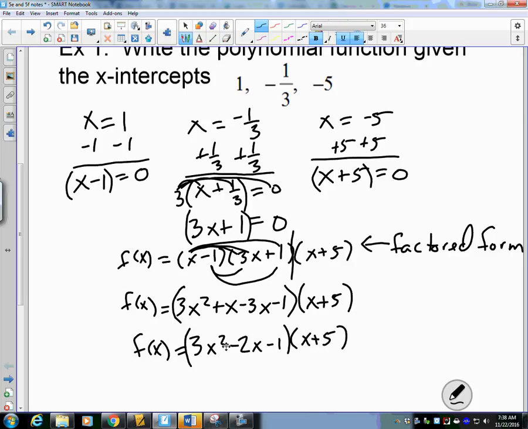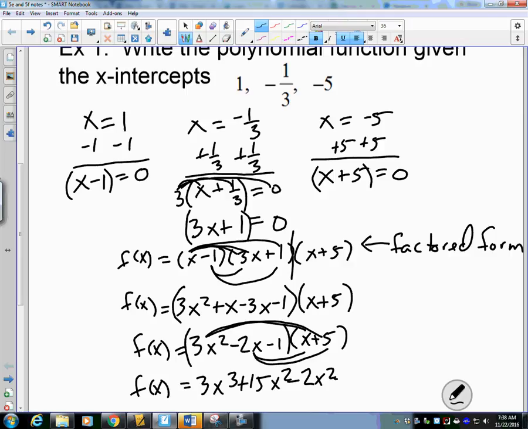So multiplying this out now one more time, it is triple distribution. So we're distributing the 3x squared times x, 3x to the third, 3x squared times 5, 15x squared, negative 2x times x, minus 2x squared, negative 2x times 5, negative 10x, negative 1 times x, negative 1 times 5, negative 5.